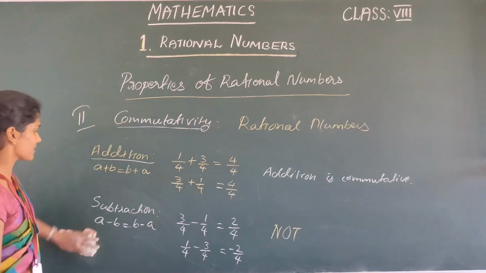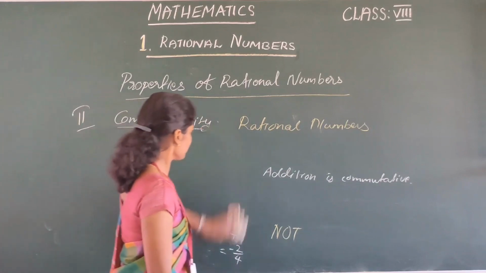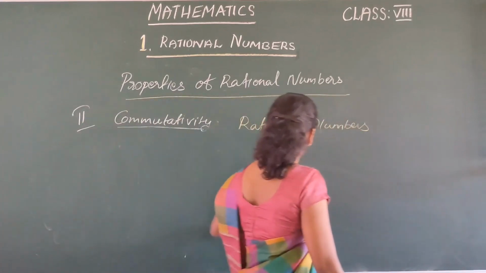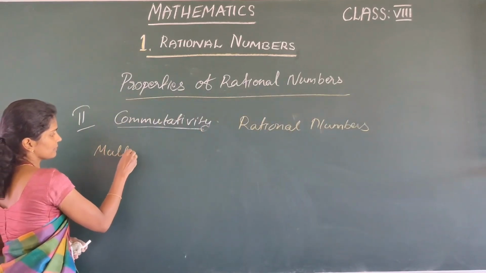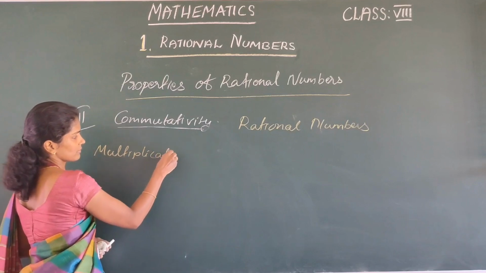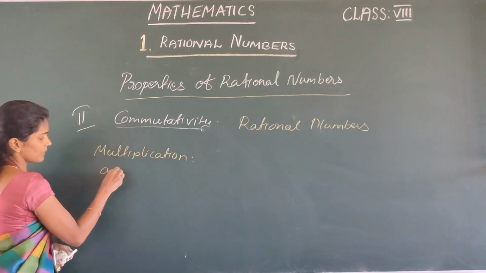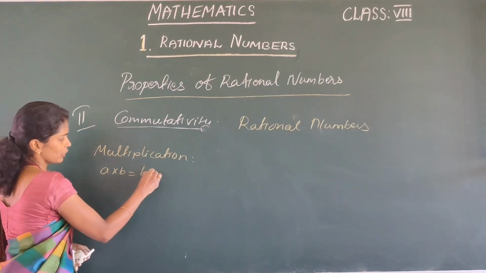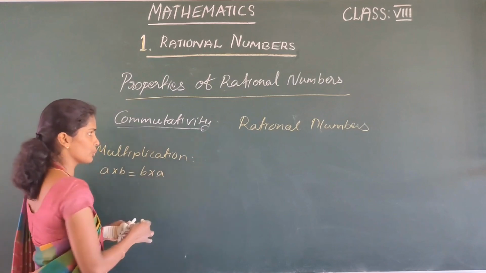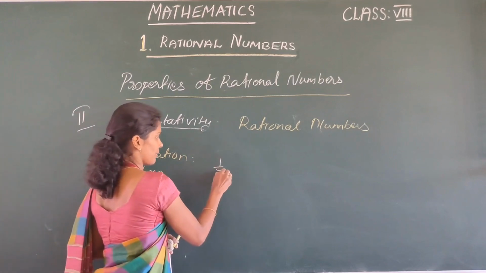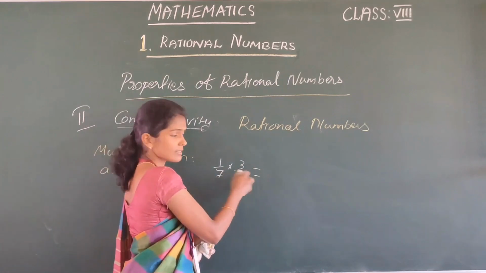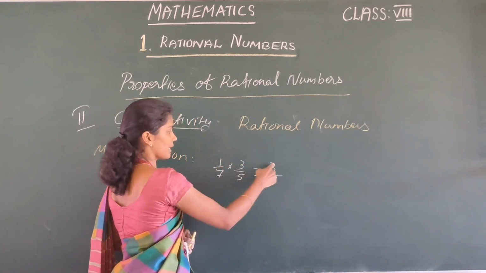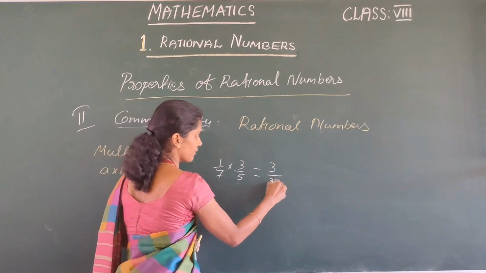Then, in the case of multiplication, that means a into b equal to b into a. We check any two numbers. 1 by 7 into 3 by 5. This is 1 into 3 equal to 3, 7 into 5 equal to 35.